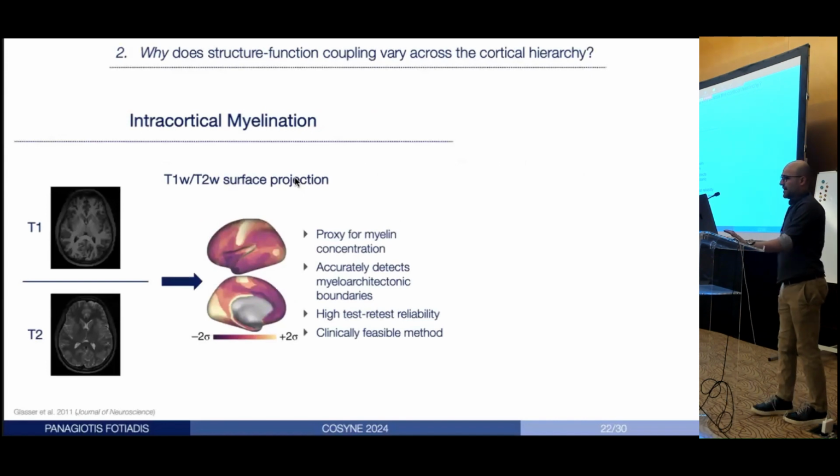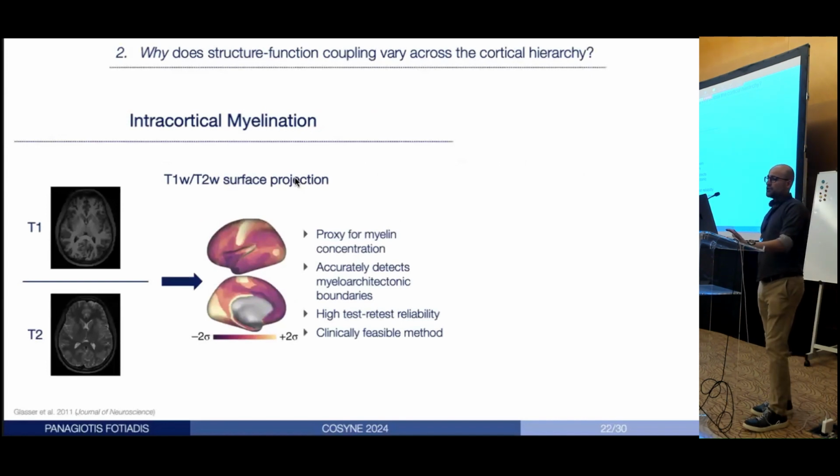But before I answer that, I wanted to briefly mention the 2 biological markers that we invoked to try to answer that question. The first one is intracortical myelination, exactly what it sounds like, the amount of myelin in the cortex.